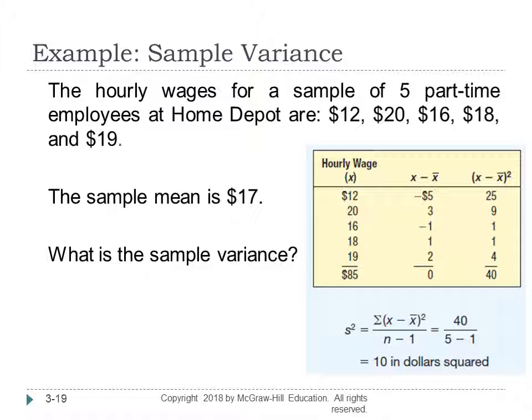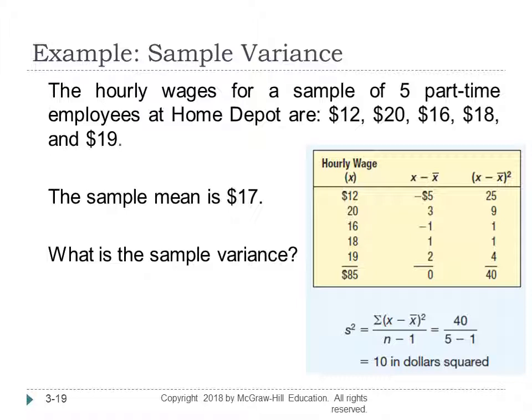The best way to calculate the variance is to use a table. In the first column, we list the data values. You need the sum of those data values, because if you divide that sum by n, in this case 5, that will give you the sample mean, which is $17. You need the mean to calculate the variance.